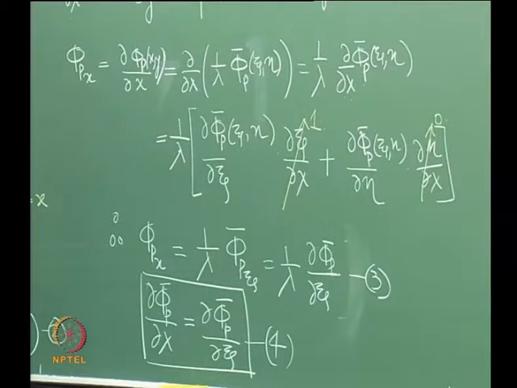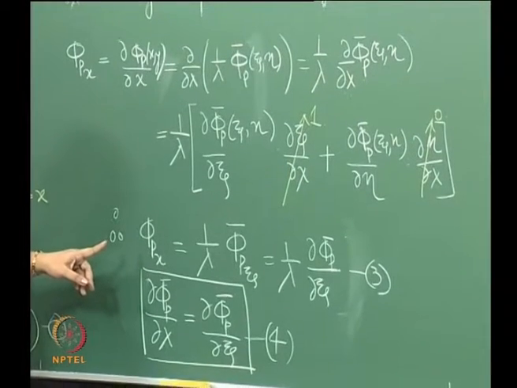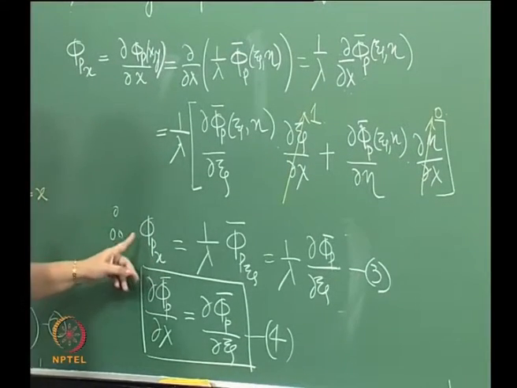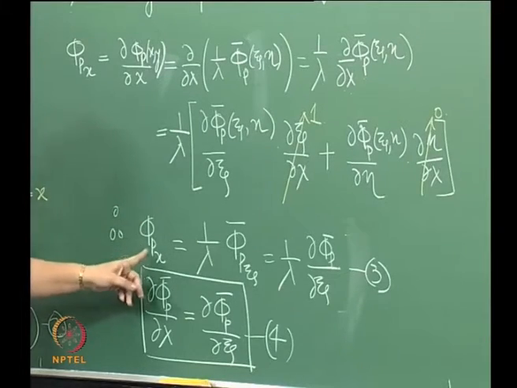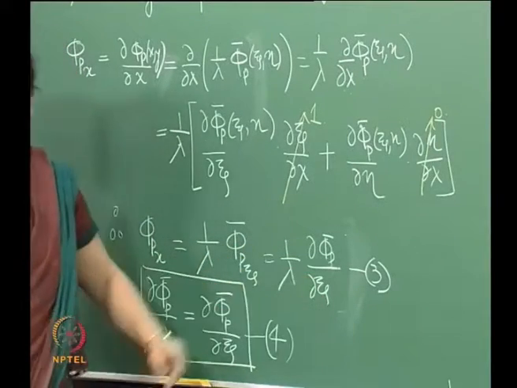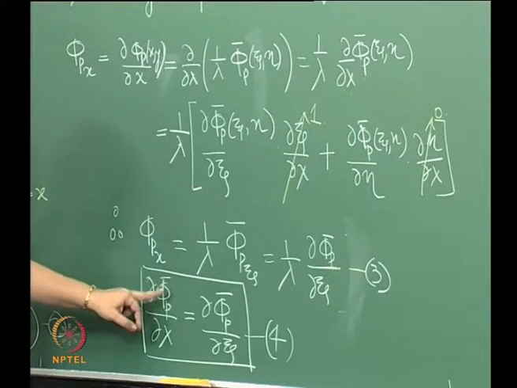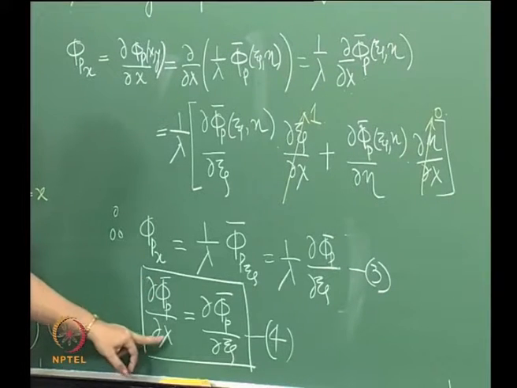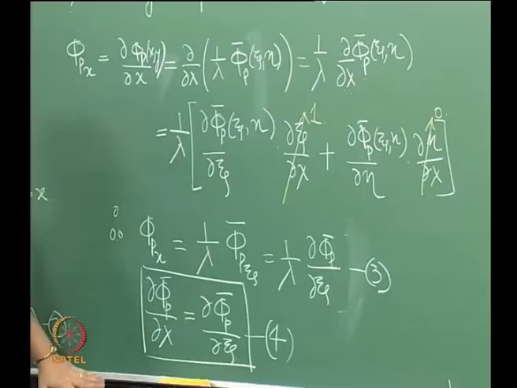So, we basically get 2 pieces of information here. What we get is a connection between del phi p del x and del phi p bar del zeta, and also del phi p bar del x is equal to del phi p bar del zeta.